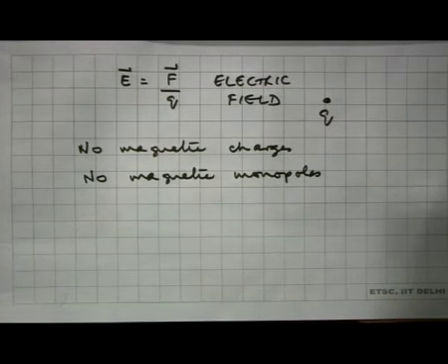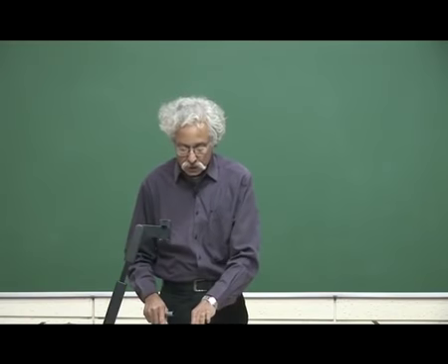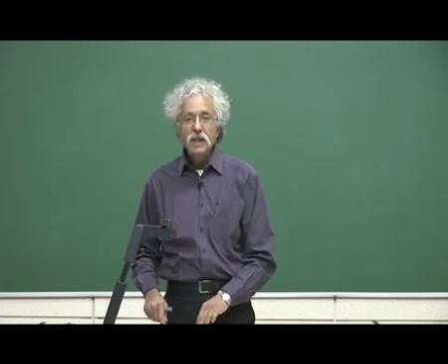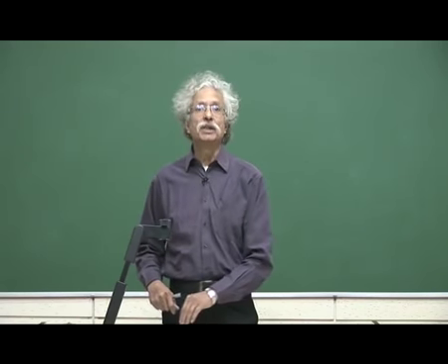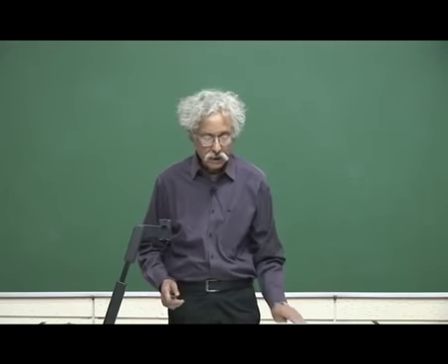So we would have to define magnetic field through another relationship. As I mentioned a while ago, magnetic forces appear only on moving charges, so we need to define magnetic field through another mechanism.